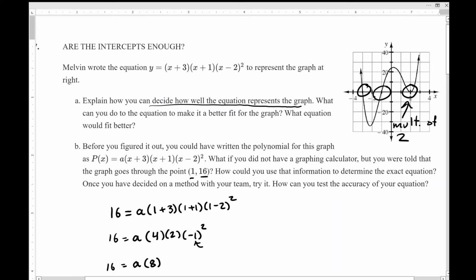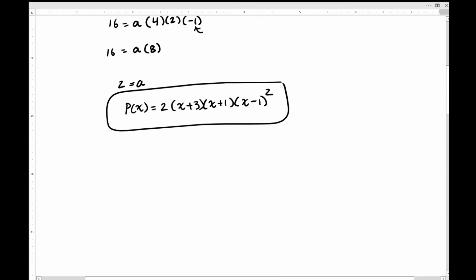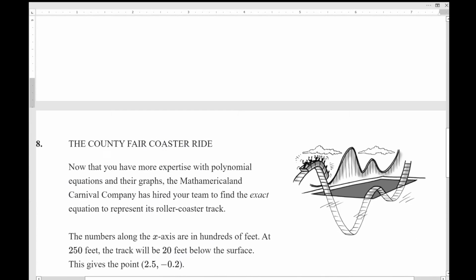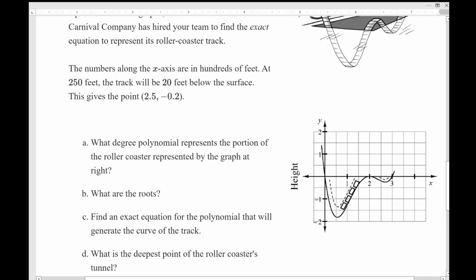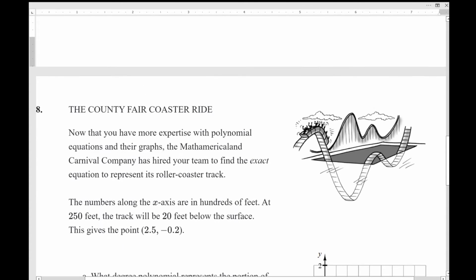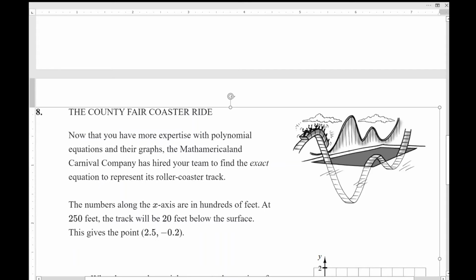And it's nice that they gave us a point here, and they also gave us an equation here, but they won't always do that. And in the problems that you will do today, you will figure out how you can do it.